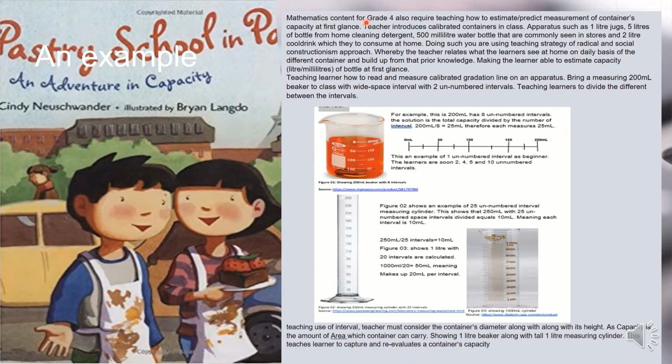Mathematics content for grade 4 also requires teaching how to estimate or predict measurements. The learner has to read the calibrated lines of the apparatus. As you can see, there's a beaker, a cylinder, another cylinder, and more.